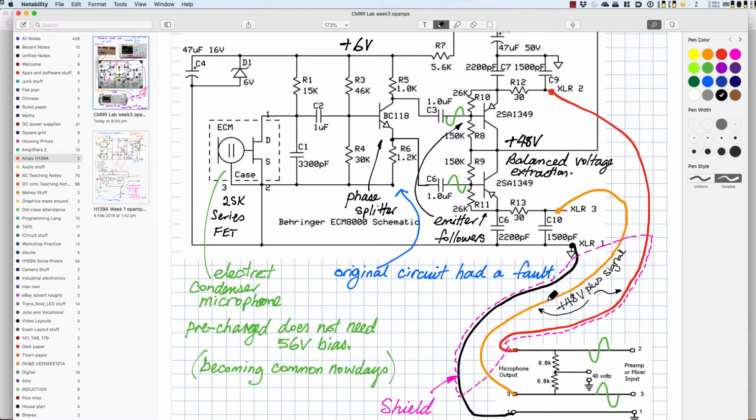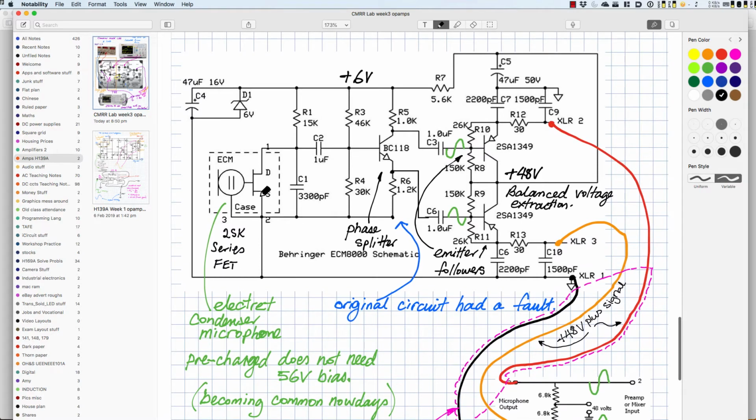The 48 volts rides up to the microphone to power it. The signal rides back along the top of the 48 volts going back into the preamplifier. It's a very, very common method of supplying power, called phantom power, to condenser microphone circuits.